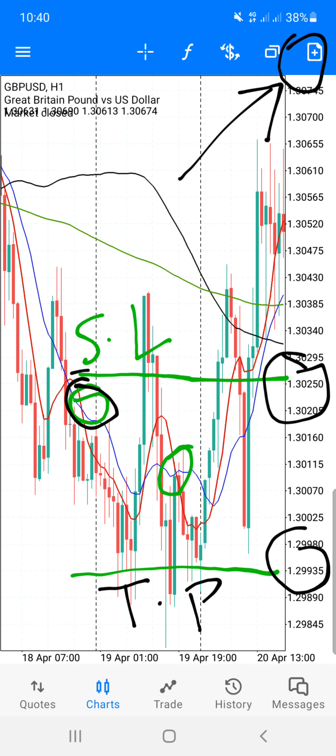If you want to make, let's say, $50 or $100, it depends on the lot size you are using, your trading plan, and how much you want to make. Then you pick your take profit, mark both stop loss and take profit, and you go to enter the market.